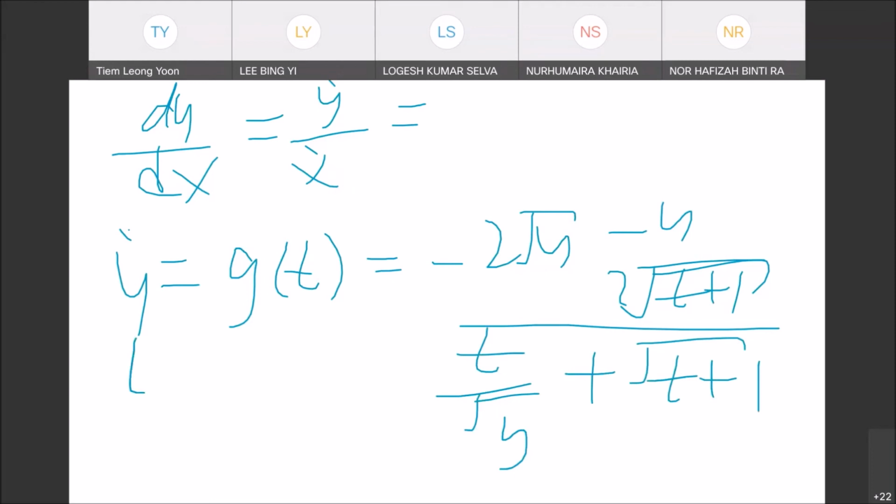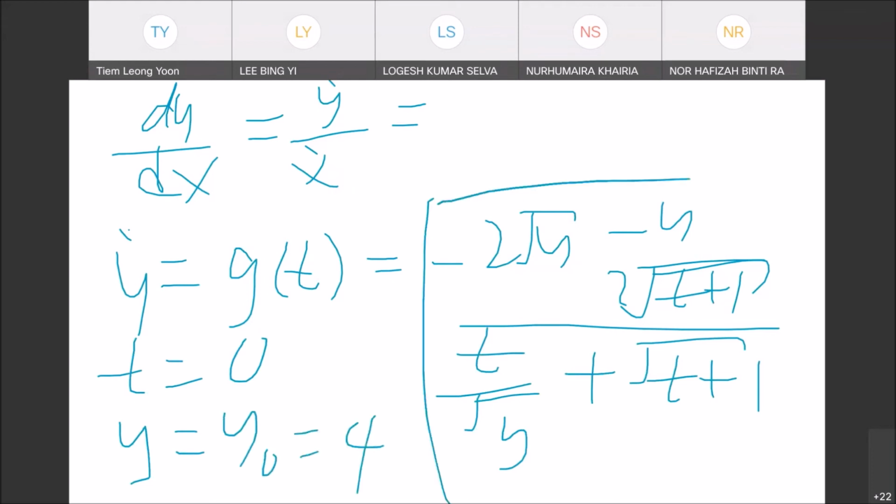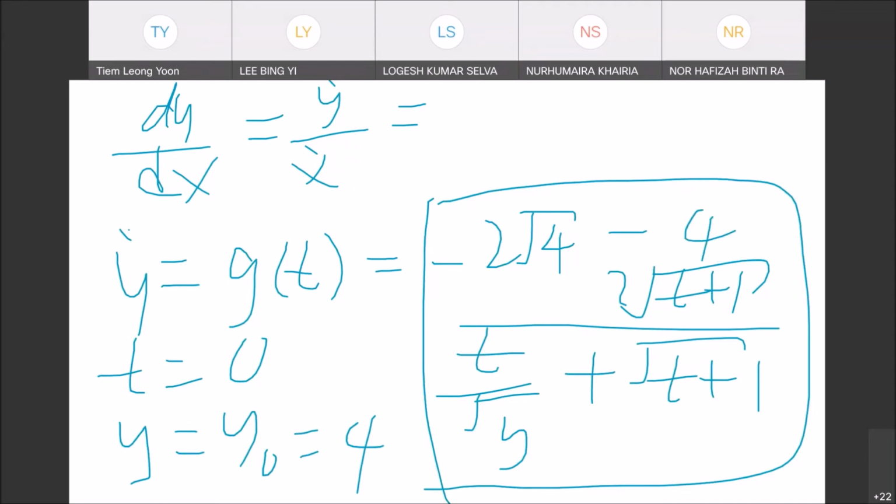So at t equals 0, y equals y0 equals 4. Then this expression can be easily simplified by substituting the value of y with 4, then substituting t as 0.